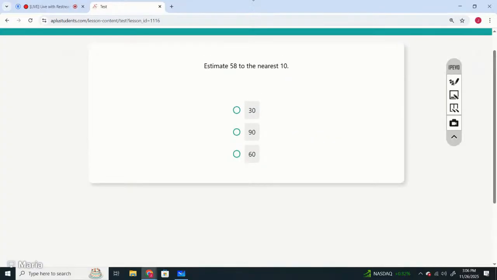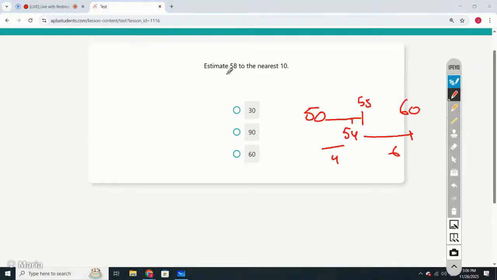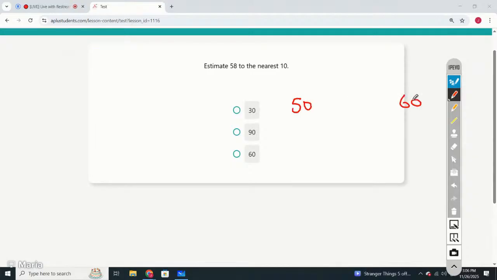Okay, the next one is estimate 58 to the nearest 10. I will explain this question in two ways. Whichever way you find easy, you can do. Every number is between two tens, right? Here you have 58. So 58 is between 50 and 60. Here is 55, the midway number of 50 and 60. 58 is just 2 points away from 60, and it is 8 points away from 50.